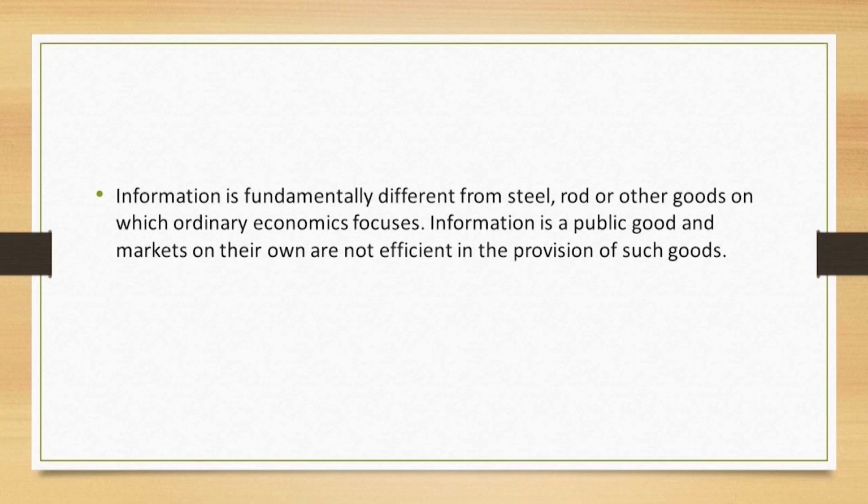It is a public good, and markets on their own are not efficient in the provision of such goods. So, information has some characteristics which differ from other marketable goods, and so we have to be conscious about this when we study information economics.